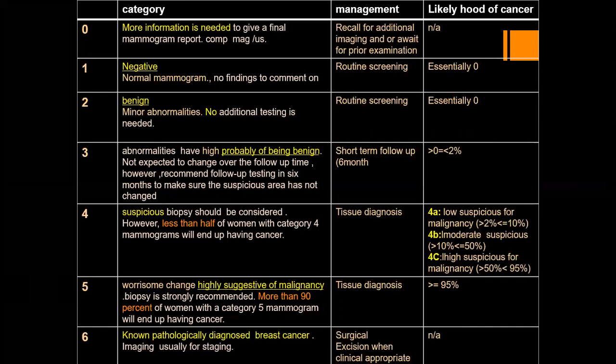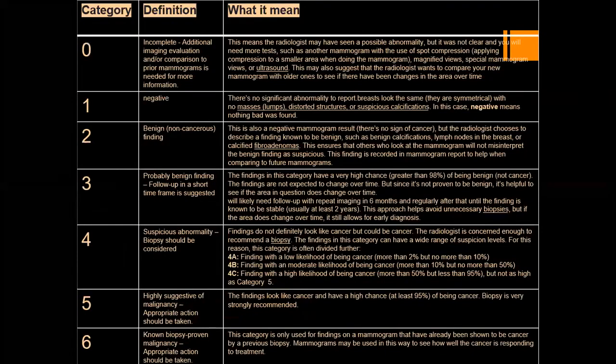The risk of cancer for BIRADS 5 is 95% or more, and BIRADS 4 is between 3 and 95%. And category 6 is biopsy-proven breast cancer, and management is surgical excision when clinically appropriate. Here is more detail, you can read it.